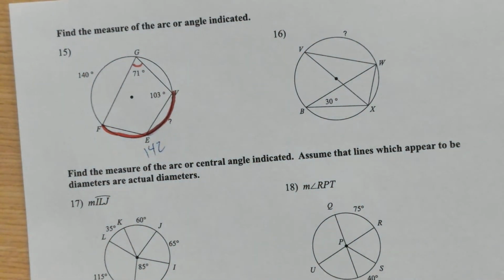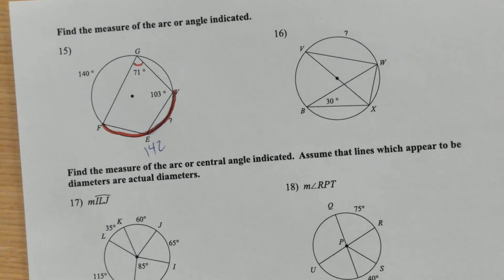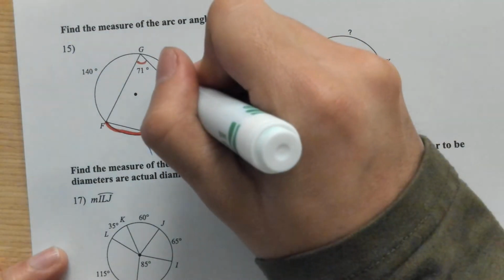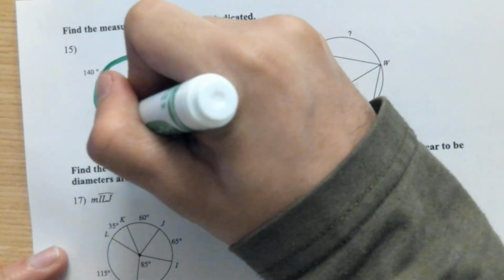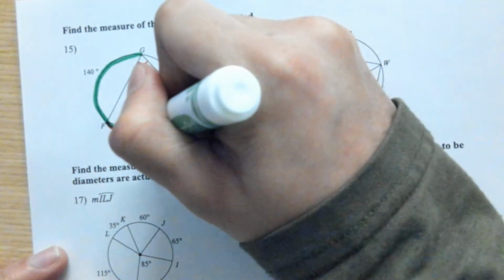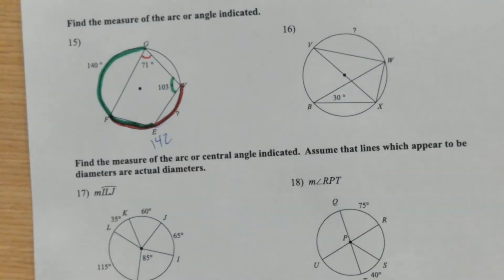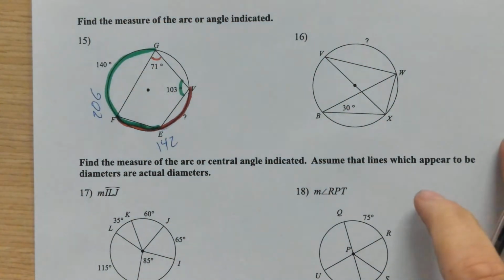Then I also know this arc here made by this angle, so that'll be the whole arc up to E. Well, I know the arc is going to be twice the angle, which is going to be 206.